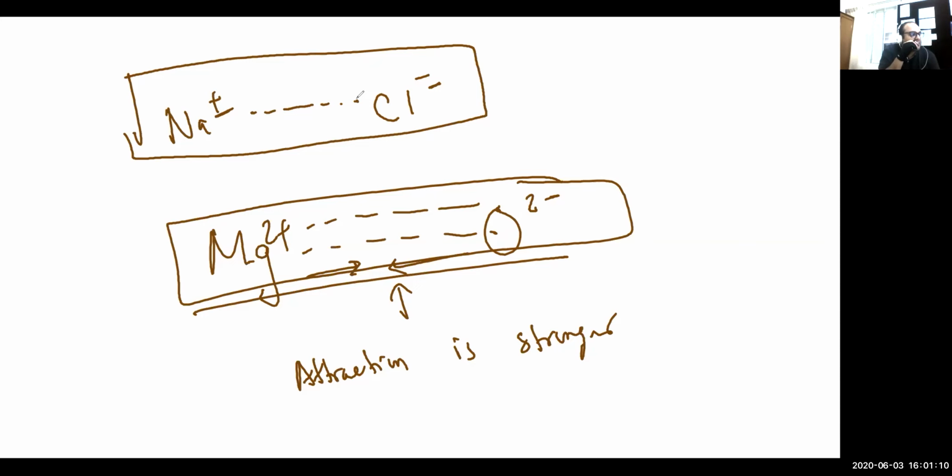Is everybody clear about this? Why does magnesium oxide have a higher melting and boiling point compared to sodium chloride? Have you understood this? Yes, sir. Any questions? No, sir.